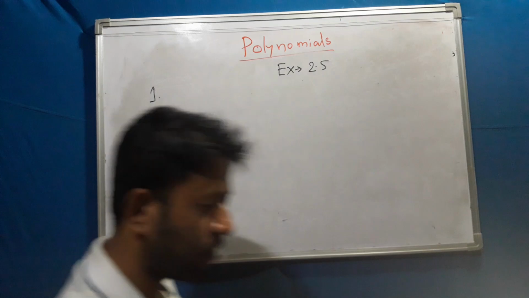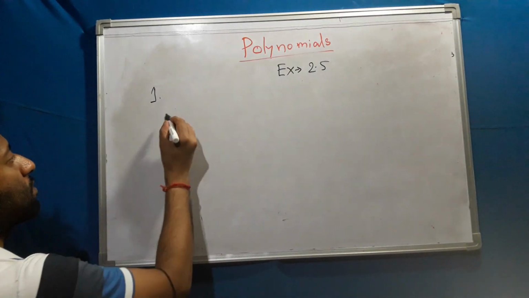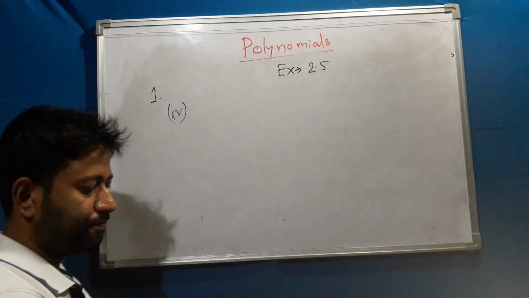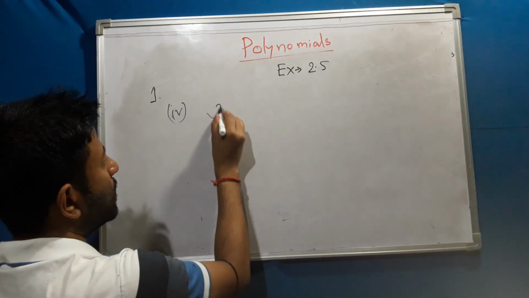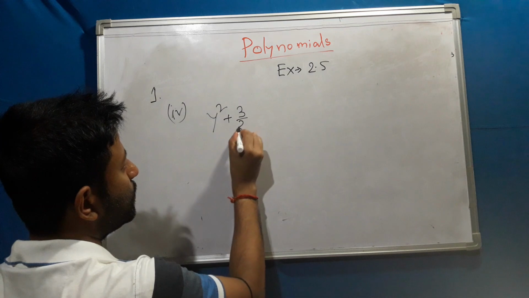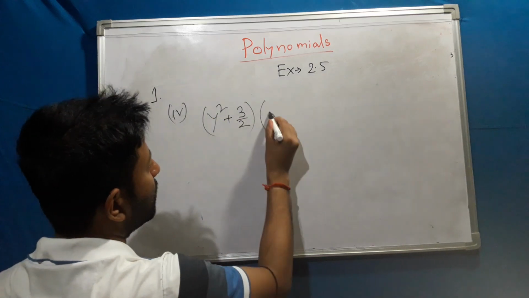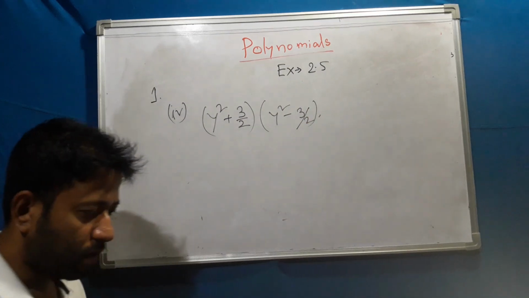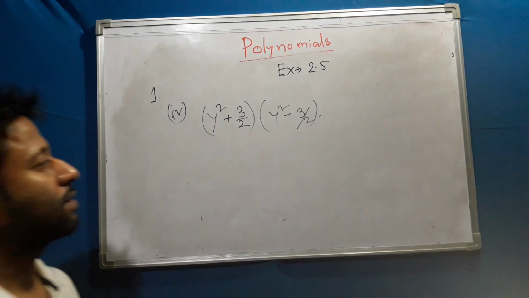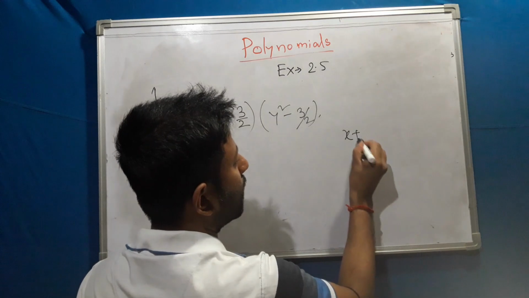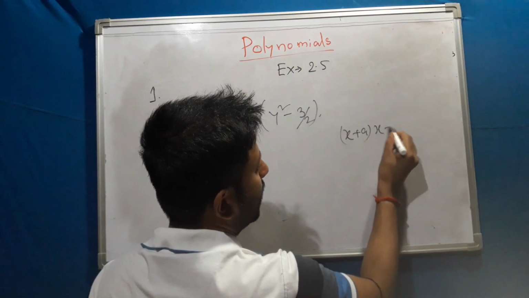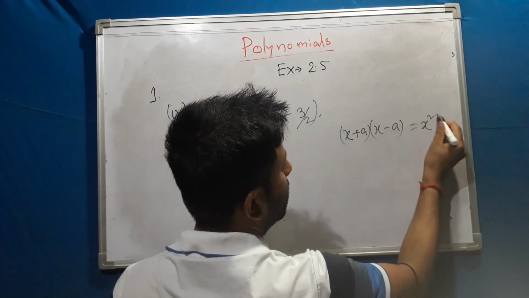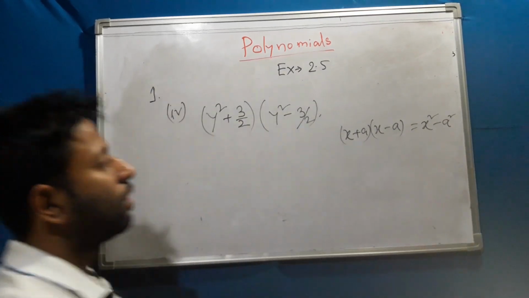The next problem is question number 4. Question number 4 is (y square plus 3 by 2) into (y square minus 3 by 2). This question is exactly like (x plus a) into (x minus a) equals x square minus a square.